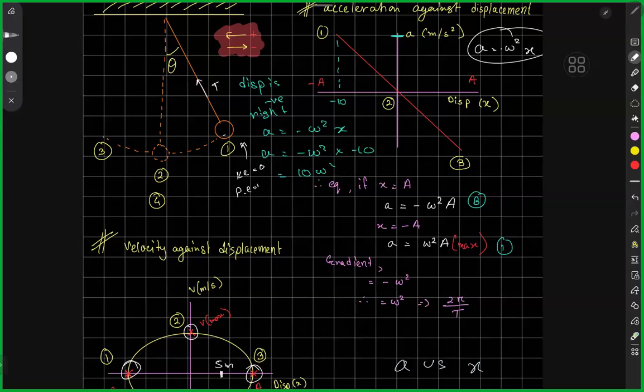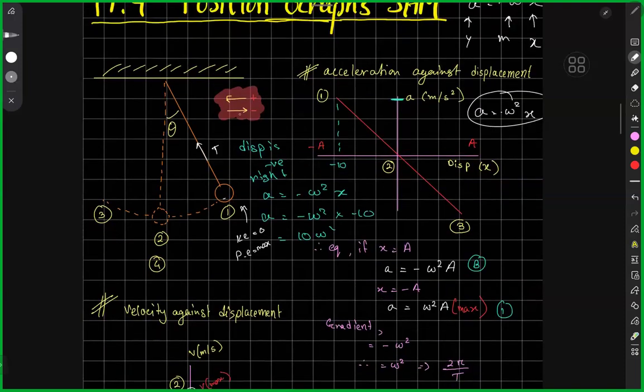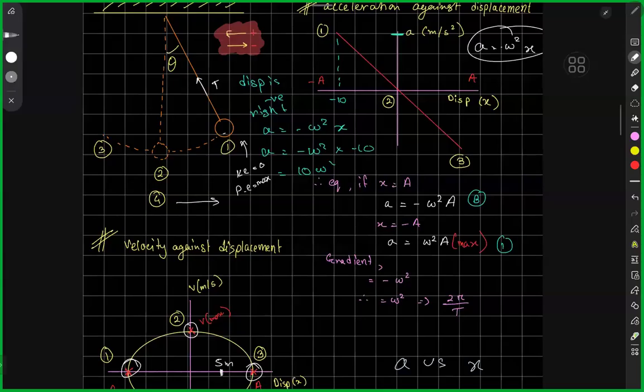Potential energy is max. So if I define right as the negative direction and leftwards as the positive direction, then at a negative displacement maxima over here, I have KE as 0 and potential energy as maximum.